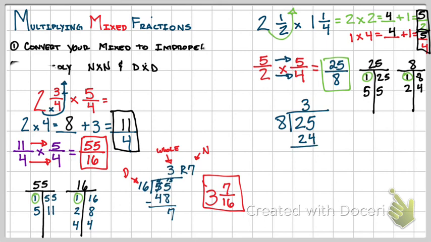That's 24. 25 minus 24 gives us 1, so remainder 1. So how am I going to assemble my fraction? 3 and 1/8. Very good. This becomes my answer.